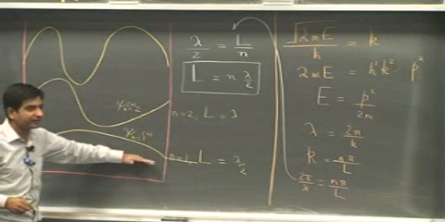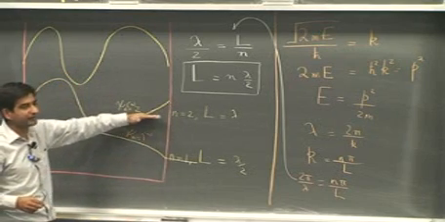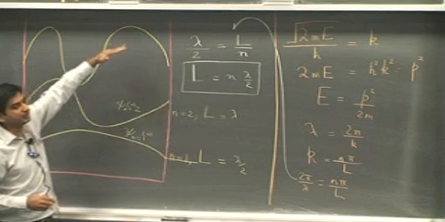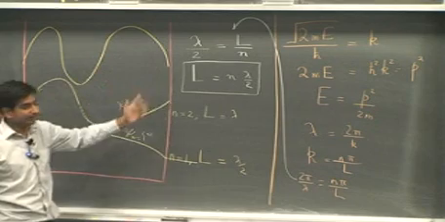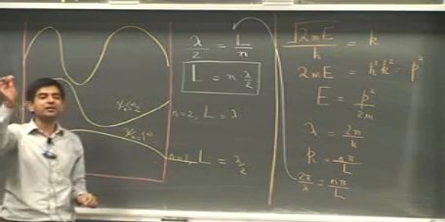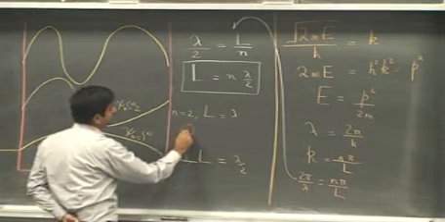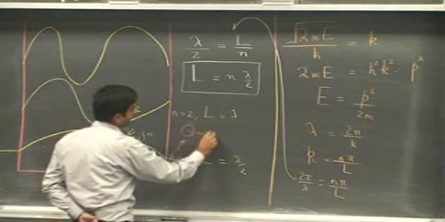You can have the fundamental wave, you can have the first harmonic, you can have the second harmonic, and all of these are possible, but nothing else. So this n is called a quantum number. This n is given this innocuous name of a quantum number.